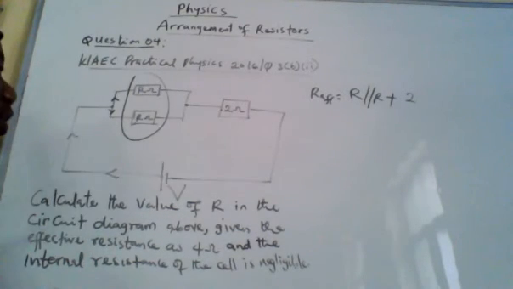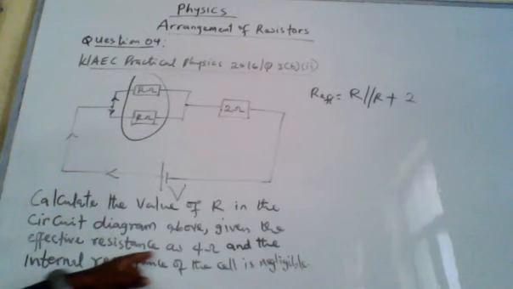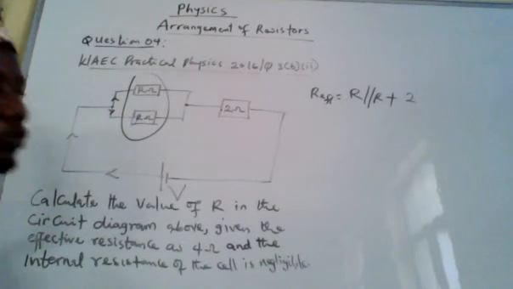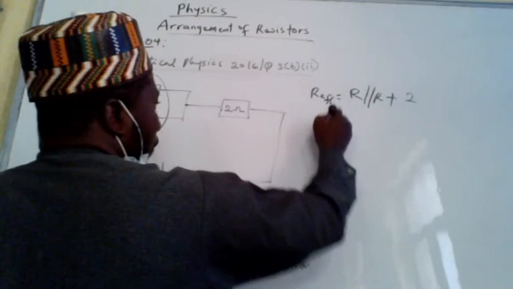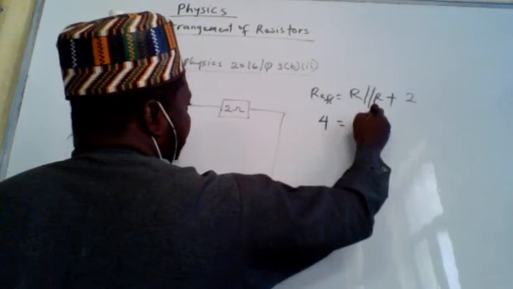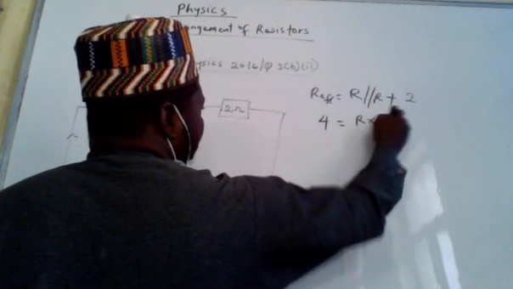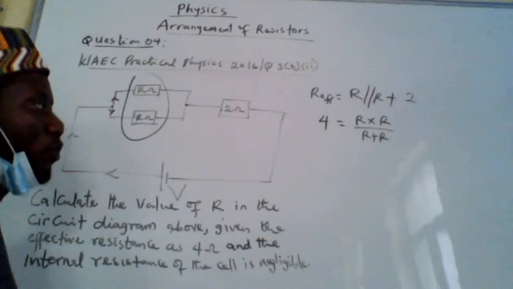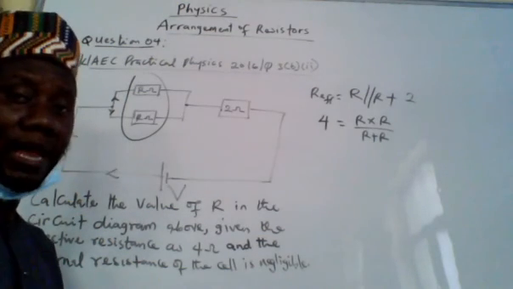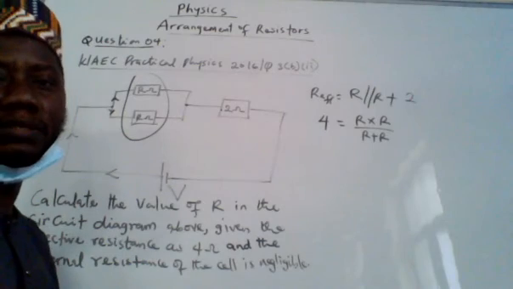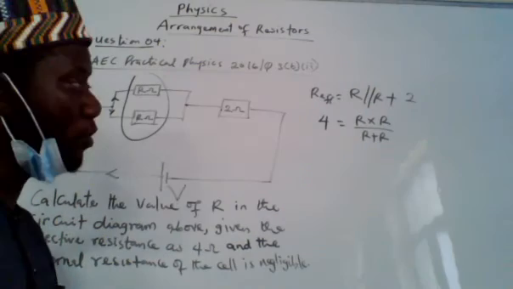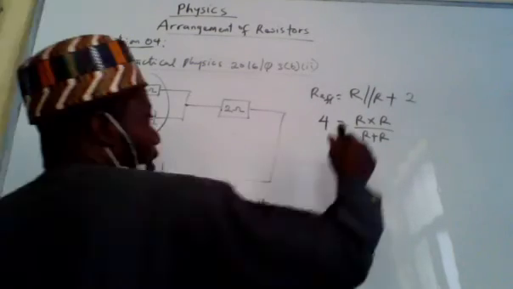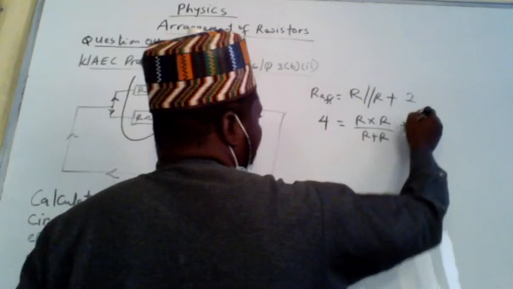In the question, we've been given effective resistance to be 4 ohms. So I'll have 4 equals R times R over R plus R. This is a case of 2 resistors in parallel: sum of product of resistances over sum of resistances. Then plus 2.